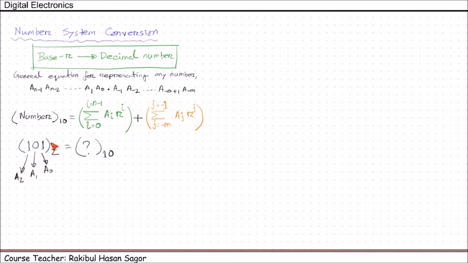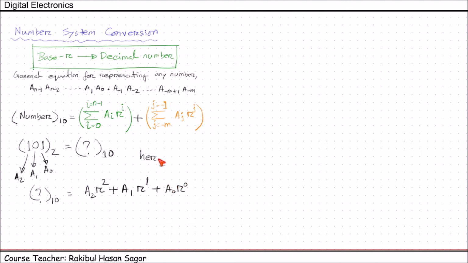We do not have any fractional portion, so we do not need to utilize that portion. So if we employ this, then the number in decimal can be written as A2 R squared, we are starting from here, plus A1 R to the power 1 plus A0 R to the power 0.